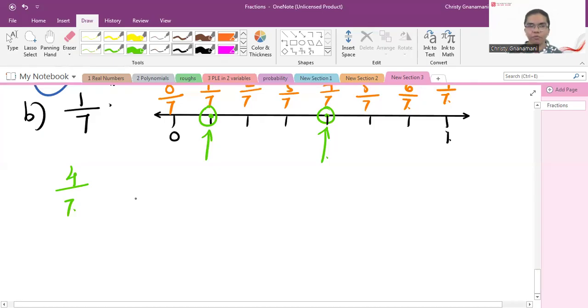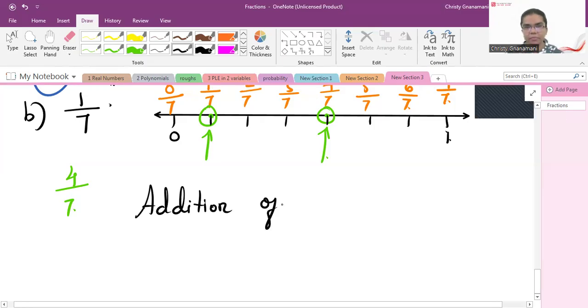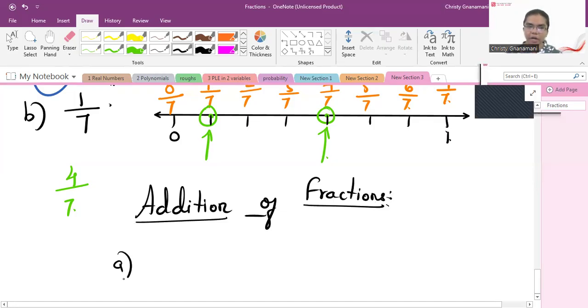So addition of fractions. So let's take 2 simple fractions.